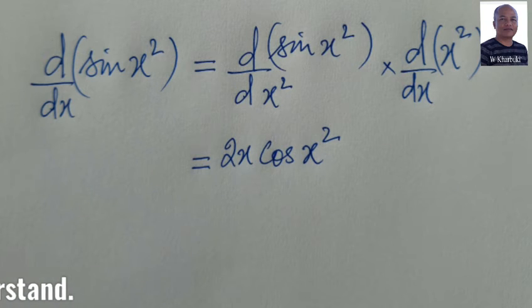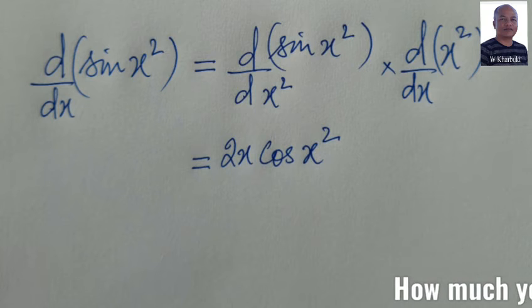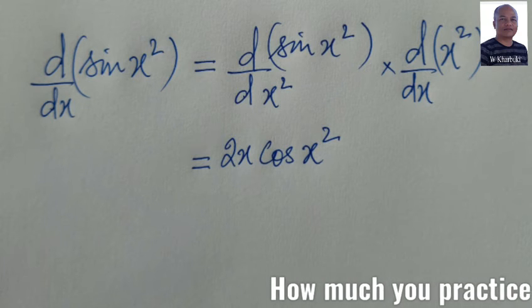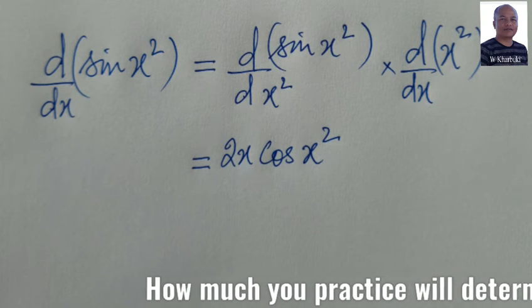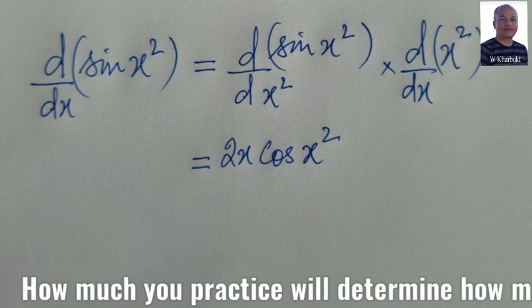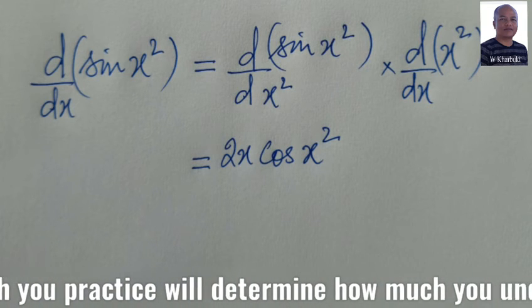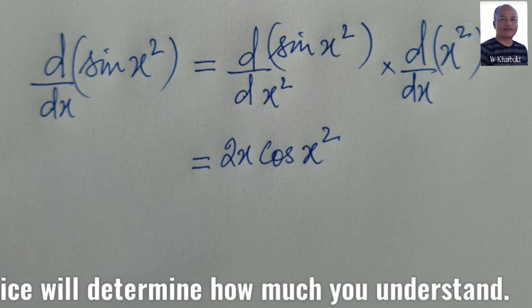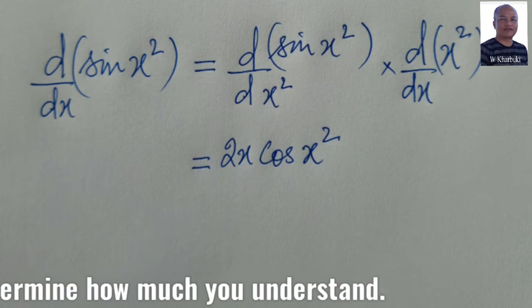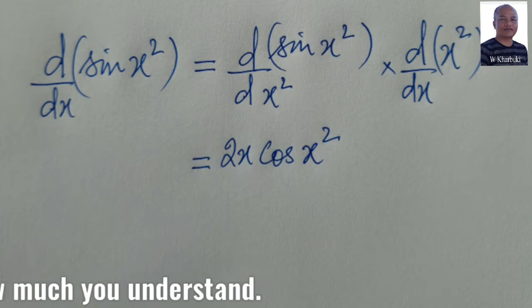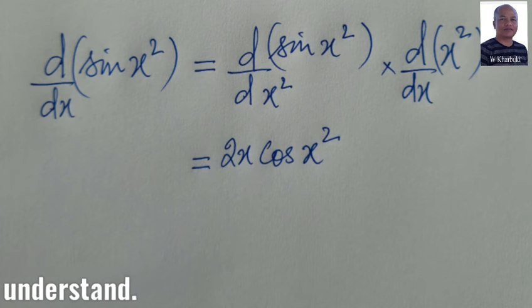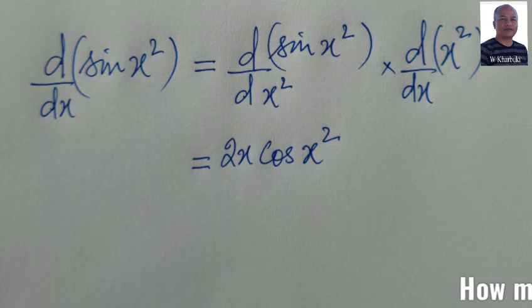Now you have a function sine x squared, which you already know is a composite function. So the derivative of this composite function can be split into two parts. So the derivative of sine x squared with respect to x squared, into the derivative of x squared with respect to x on the right hand side.